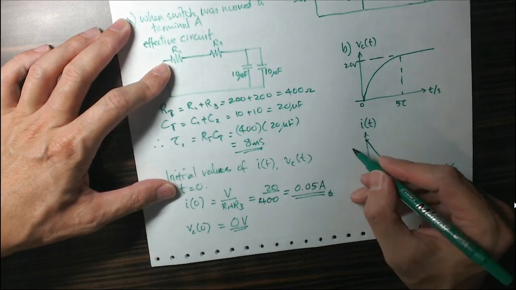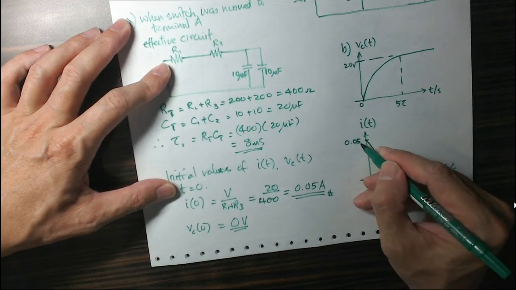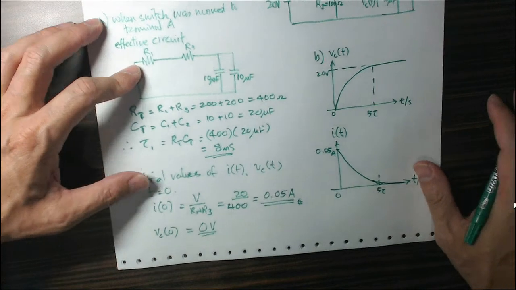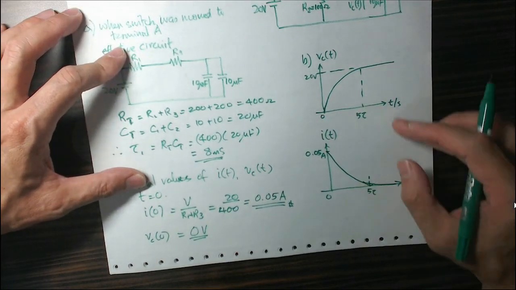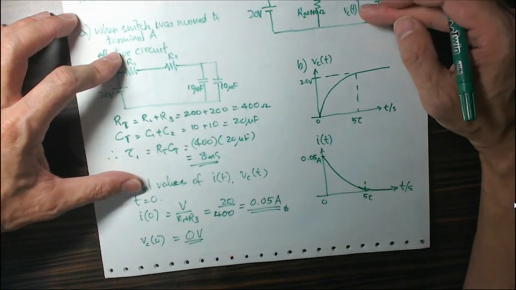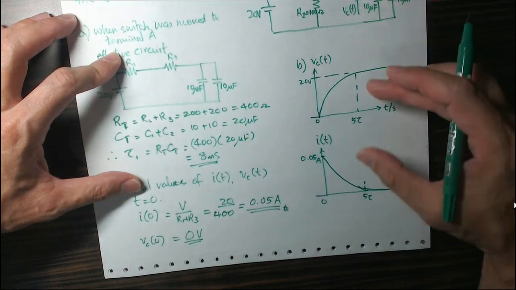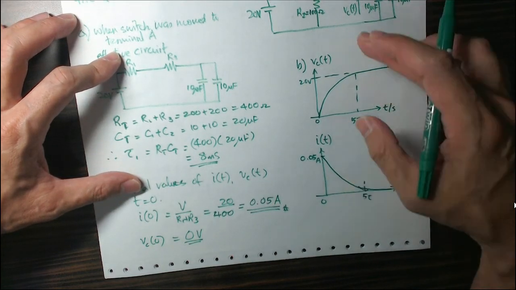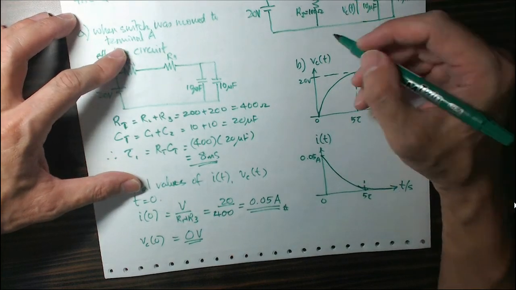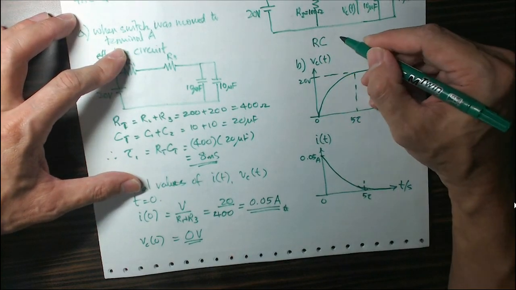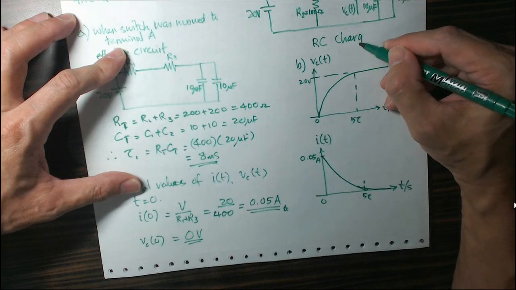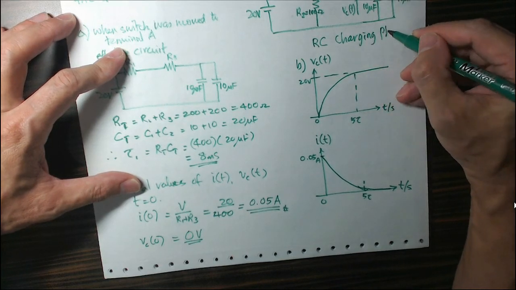The maximum current level was 0.05 amps. Alright, so these are the two waveforms of the capacitor voltage and the current flowing through the capacitor when the capacitor is in the charging phase. So this is the RC charging phase.